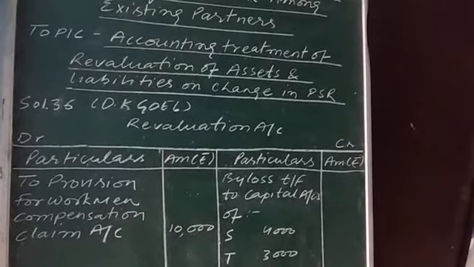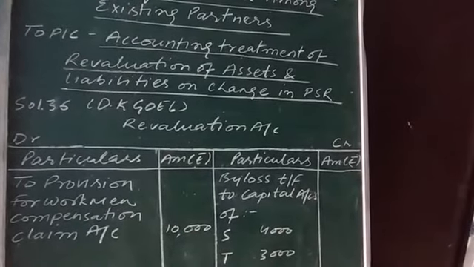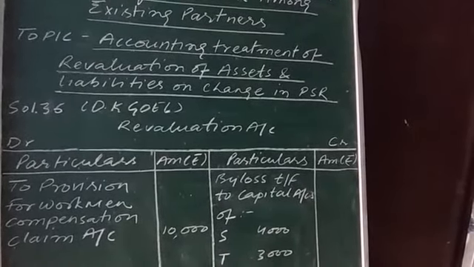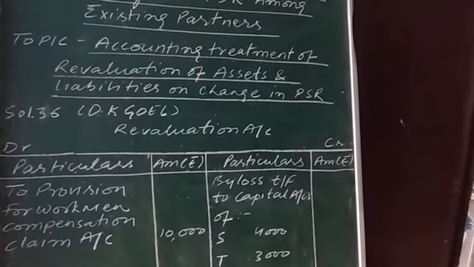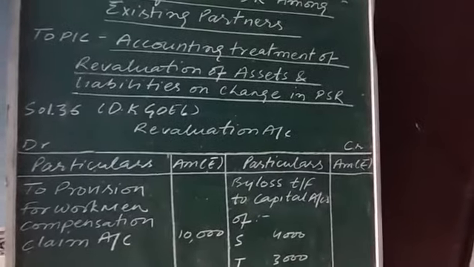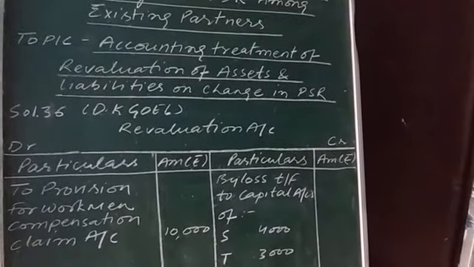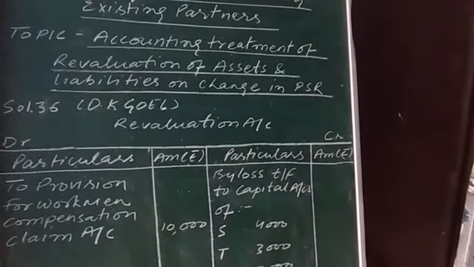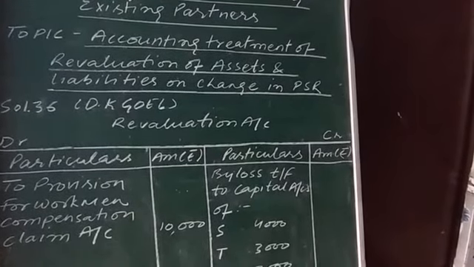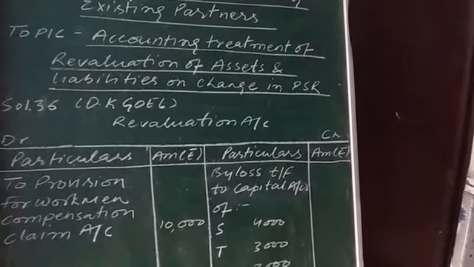Similarly, if there is any unrecorded liability, the liabilities are increasing on its recording in the revaluation account, so it will be shown on the debit side, and if there is unrecorded asset, it will be shown on the credit side.